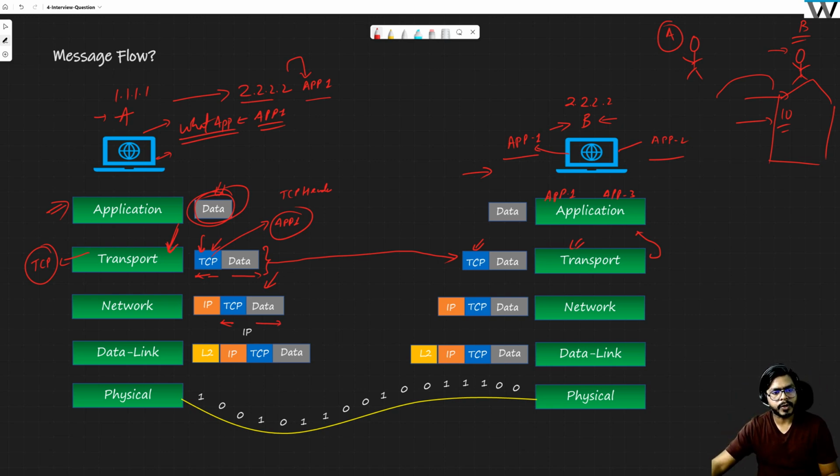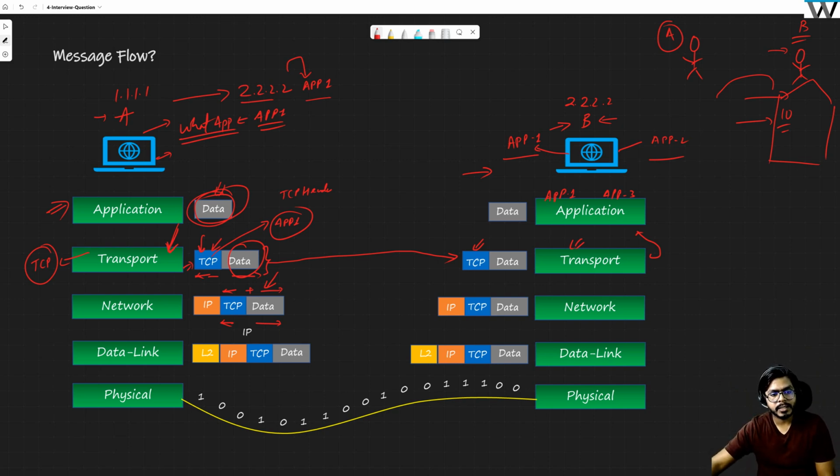For the transport layer, the data is whatever is coming from the application, and this is the header. But for the IP layer, the network layer, what is data? Data is the complete thing, this TCP header plus this data. Because the network layer doesn't understand TCP, whatever is coming from the transport layer is just data for it.